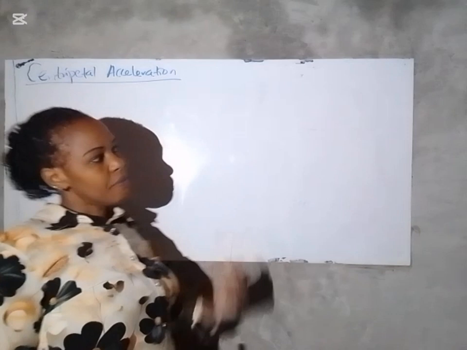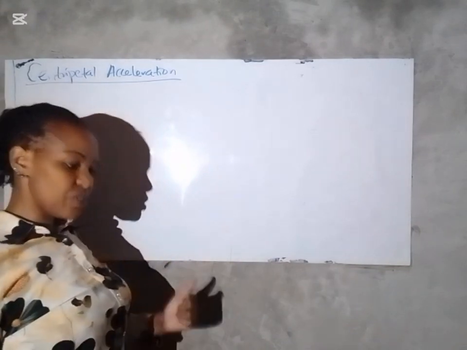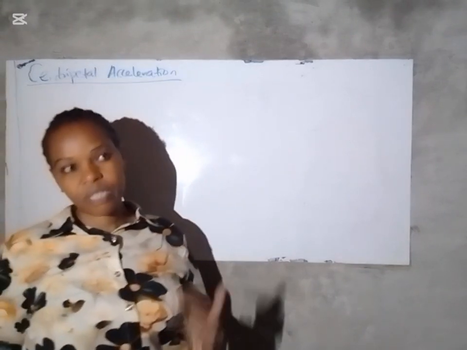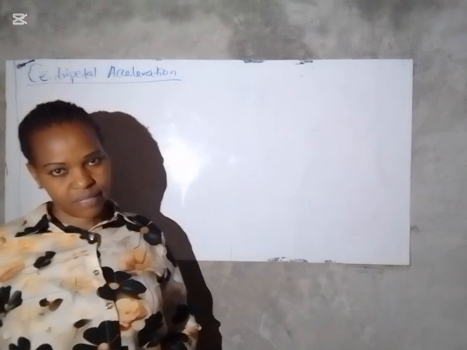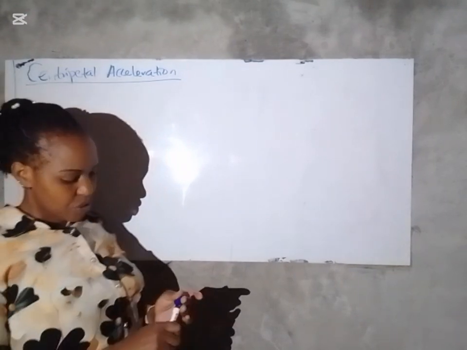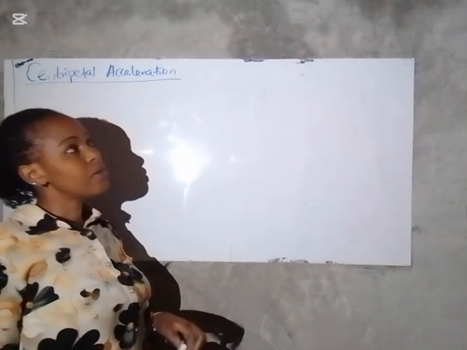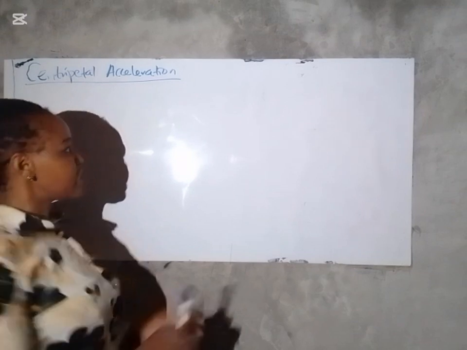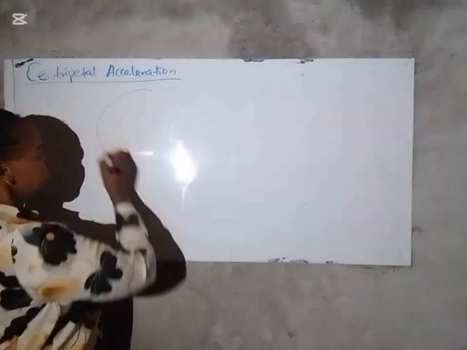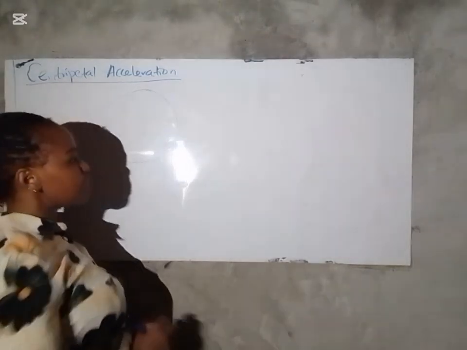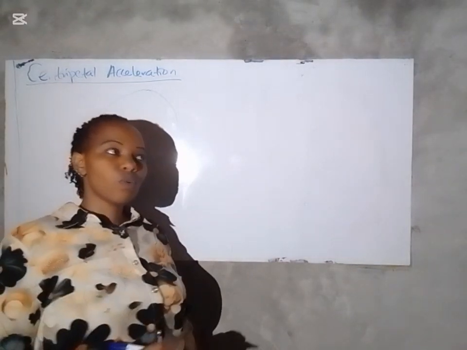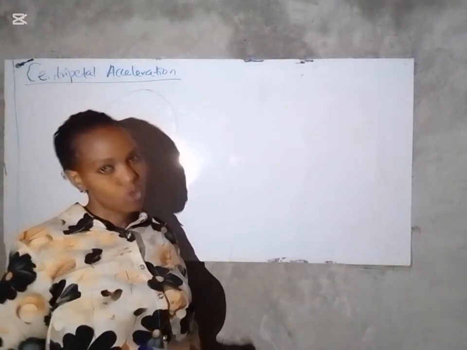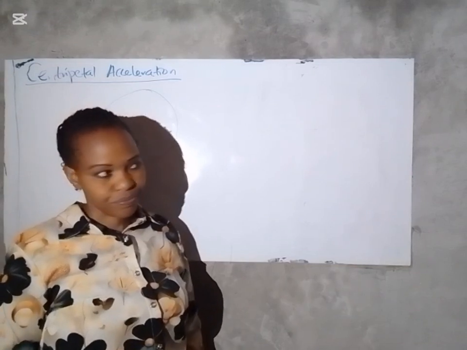If the velocity of a body is decreasing with time, then we say the body is decelerating. Now in circular motion, we have a body moving on a circular path, but it moves with constant speed, not constant acceleration.